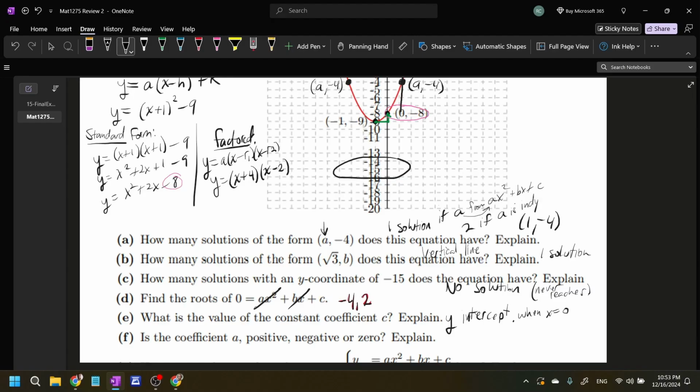So when x is 0, aka along the y-axis, our y value is just c, aka our y-intercept.